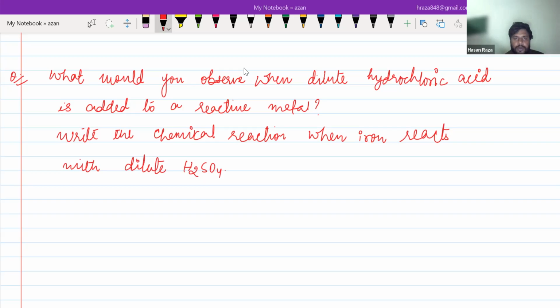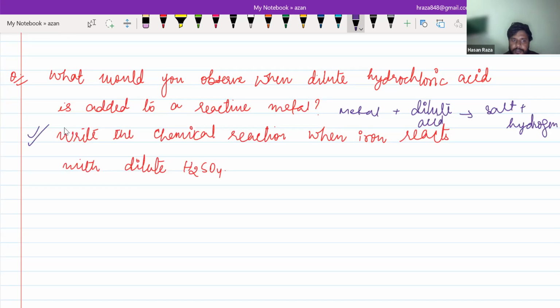What would you observe when dilute hydrochloric acid is added to a reactive metal? Hydrogen gas is liberated when dilute HCl is added to a reactive metal. Yes, and we can write metal plus dilute acid, it will give salt plus hydrogen gas.